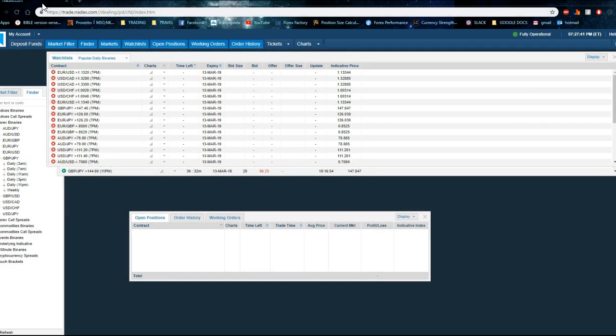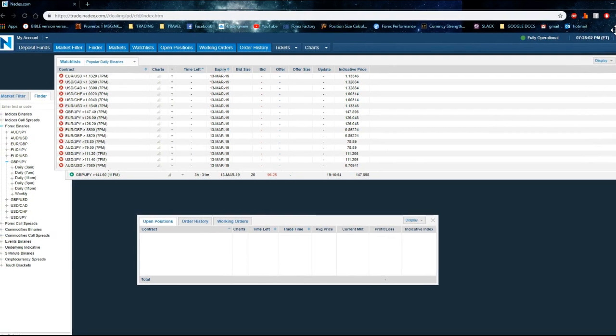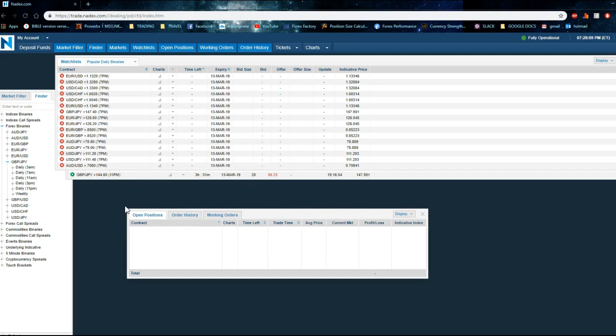And yes, the potential's there for it to move that far, but I wanted to have plenty of time due to the sheer volatility. And I didn't want to risk too much on this because of the volatility. There's a lot of Brexit talk going on right now, and I didn't want to be trapped in any trade that was just going to blow against me with too many contracts.